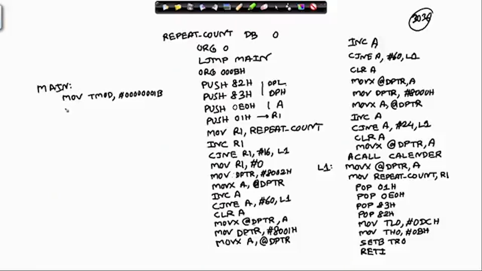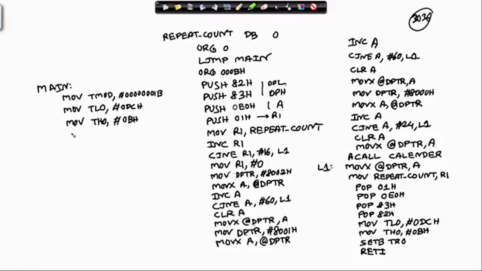Then TL and TH are to have the initial count values: MOV TL0, #0DC hex, then MOV TH0, #0B hex.